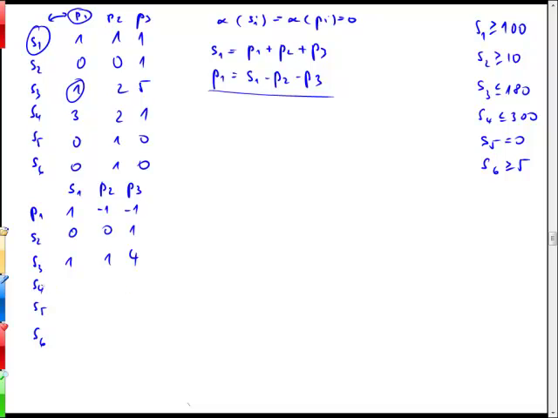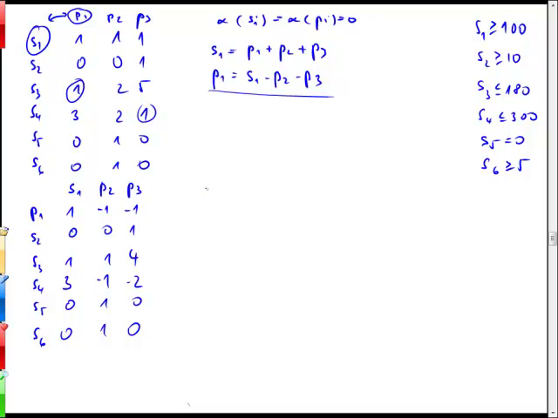Then for S4, I have 3 times the first row. So 3, 2 minus 3 times 1 is minus 1. And 1 minus 3 times 1 is minus 2. And S4 and 5 are independent of P1, so they remain the same. Okay, this is the new tableau.